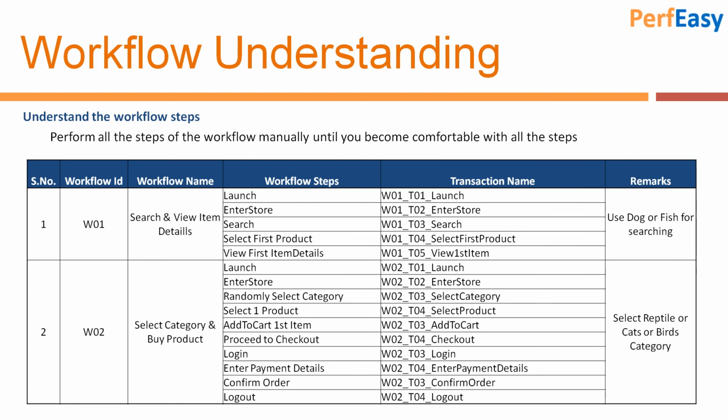Enter the store is T02, select category is T03, select product is T04, then add to cart should be T05, checkout should be T06, login should be T07, enter payment detail should be T08, confirm order should be T09, and logout should be T10. Here some remarks are: reptiles, cats, or birds are the three categories which we are going to select when we are doing the recording or customizing the script.